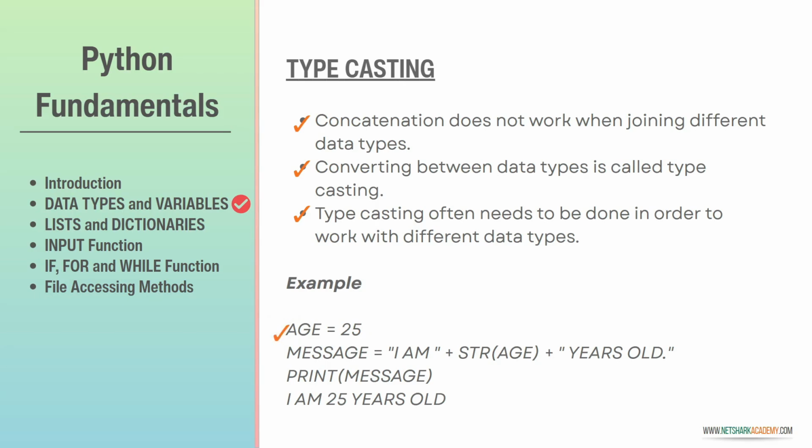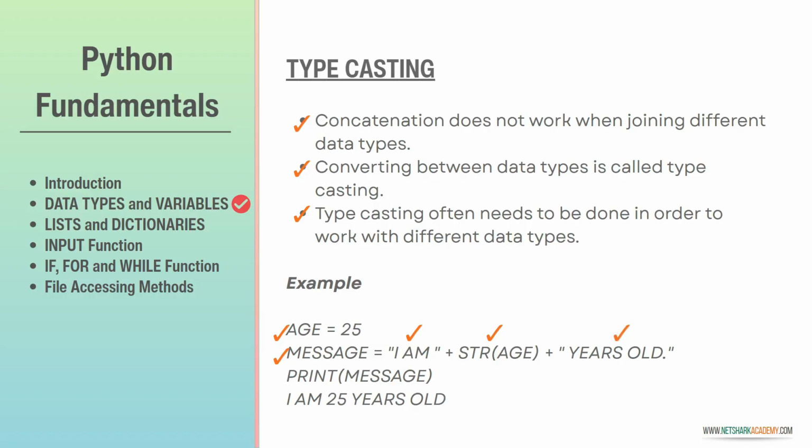For example, age is equal to 25. So age is a variable holding 25 as an integer data type. Message is another variable which takes "I am" as a string, as it is in double inverted commas, plus str(age). So here we are converting 25 into a string, that is str(age).